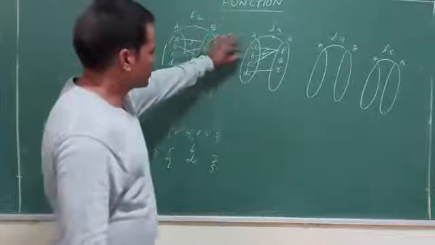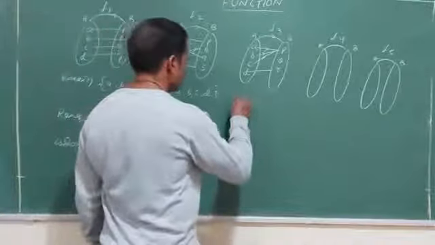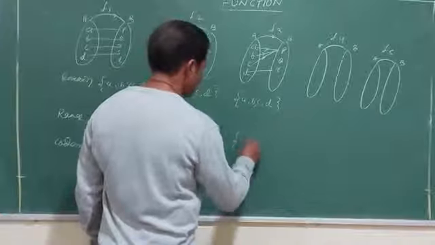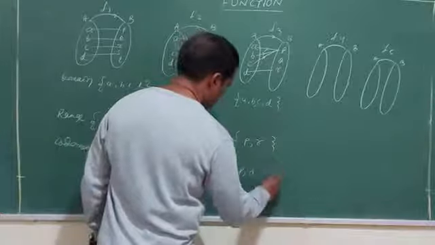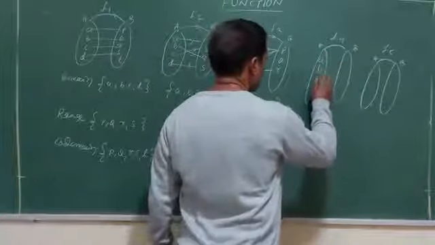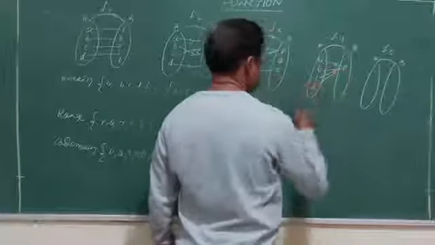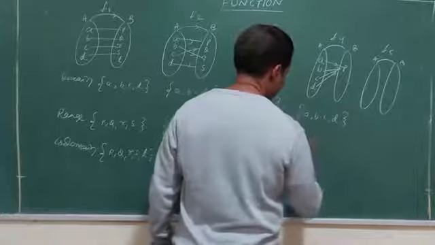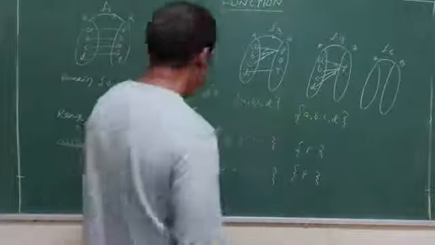Here you can see that from 3 inputs the output is the same. Alright? So domain A, B, C, D, range P, R, and codomain P, Q, R. Domain A, B, C, D, range and codomain both are equal.